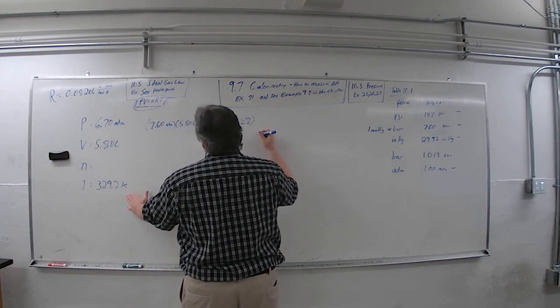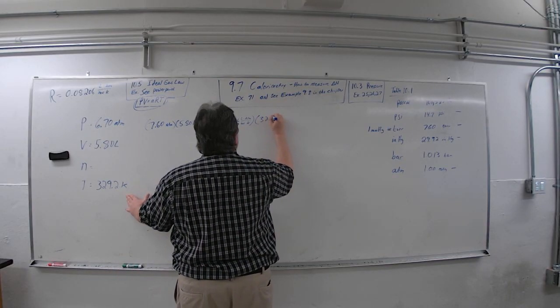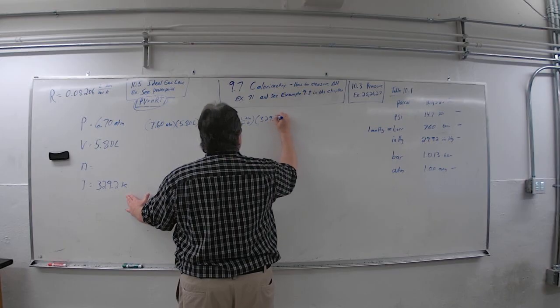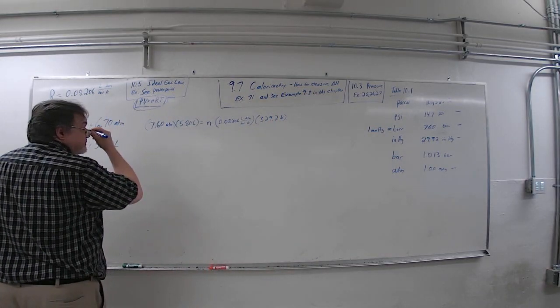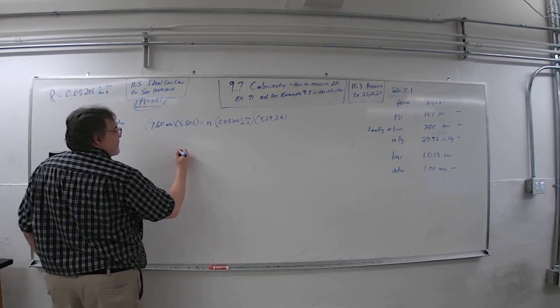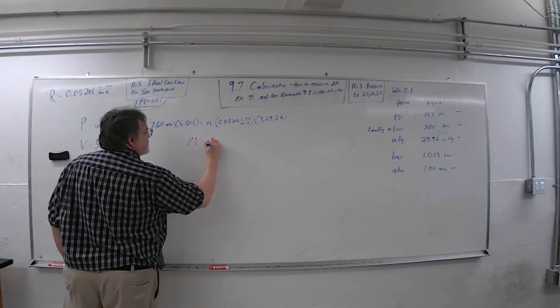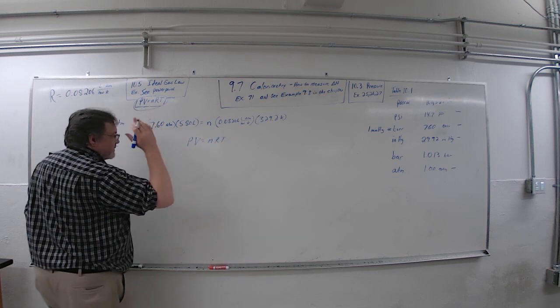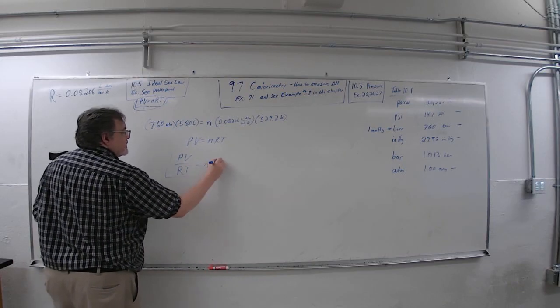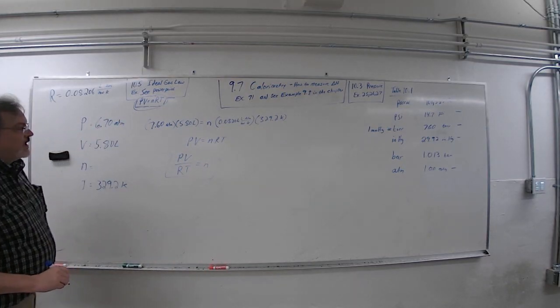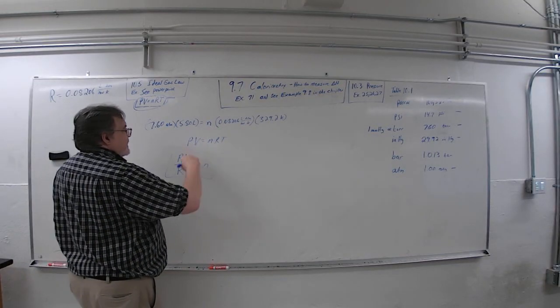And T is 329. And now you're just solving for n. Really what I should have done first is PV equals nRT, and I go, okay, I'm solving for n. This is really what I want to use to solve. Saves a bunch of writing, but I've already written this stuff right there.